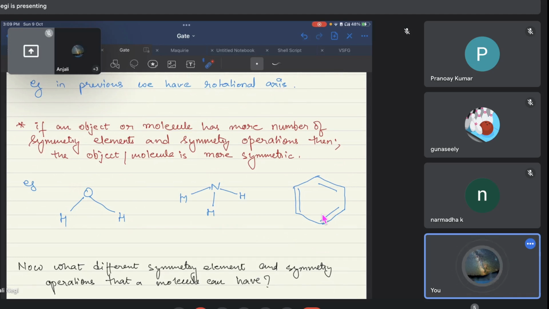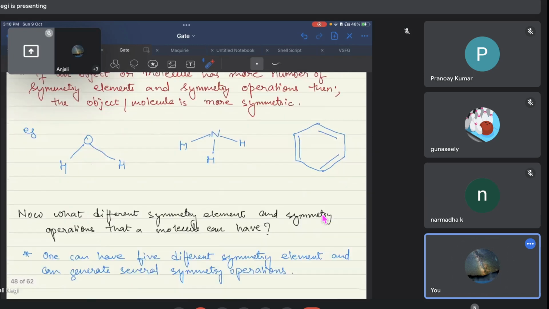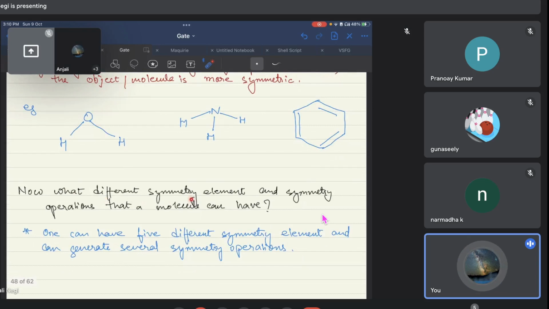You can count which particular symmetry elements are present in these three different molecular structures, and see which one is more symmetric in comparison to the others. Now, the question is what different symmetry elements and symmetry operations a molecule can have. You have seen the axis of rotation, but what are the other symmetry elements where a symmetry operation will take place and I will get an indistinguishable structure which is symmetric?